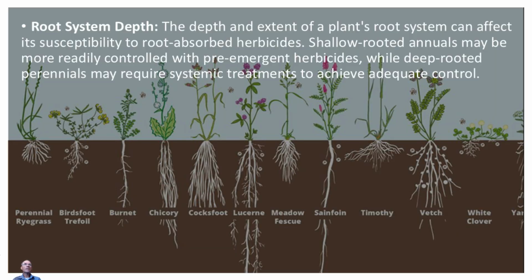The depth and extent of a plant's root system can affect its susceptibility to root-absorbed herbicides. Shallow-rooted annuals may be more readily controlled with pre-emergent herbicides, while deep-rooted perennials may require systemic treatments to achieve adequate control. Take a few moments to review the root system depth of some common weeds.